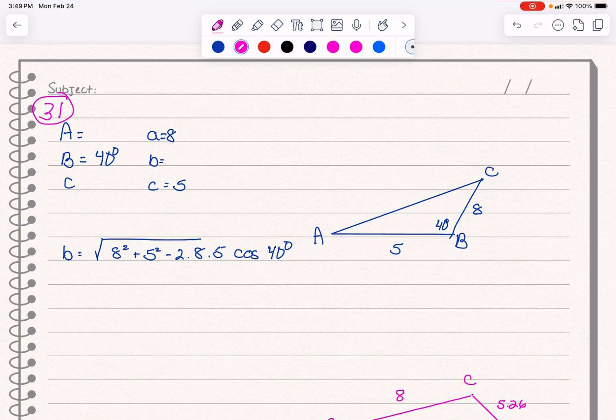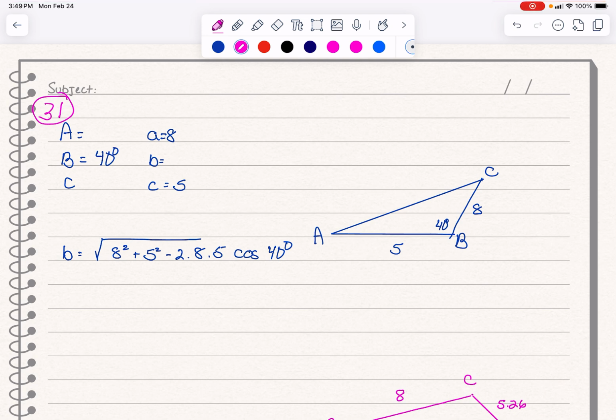But I want to explain it if you just use the cosine law once, and I'll explain to you why using the cosine law twice was good. So in this problem, you knew B was 40 degrees, A is 8 and C is 5.